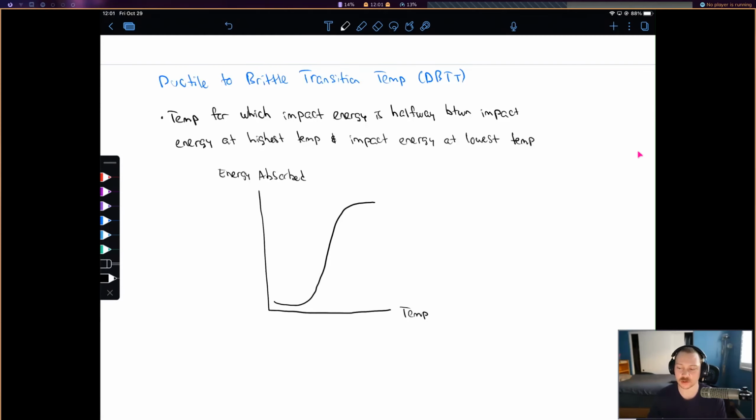Okay, so we have the two ends of the spectrum here. But from this very sharp S-curve that we have, there's going to be a pretty clear, well-defined transition temperature. If we were even more drastic here, you can see that the transition temperature is right there. We're going from a brittle material to a ductile material.